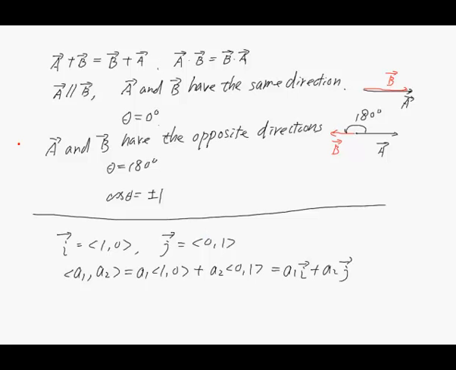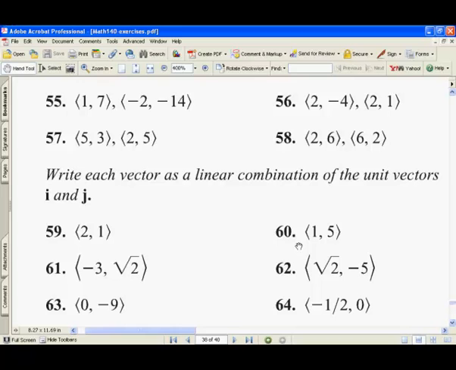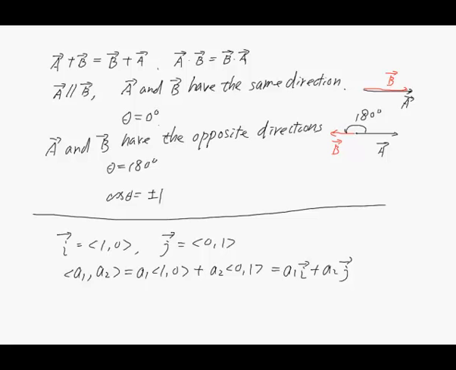So now let's look at one problem on page 612, problem 60. In this problem, we need to write this vector as a linear combination of the unit vectors i and j. Okay, let's come back to the whiteboard. So it's page 612, problem 60.